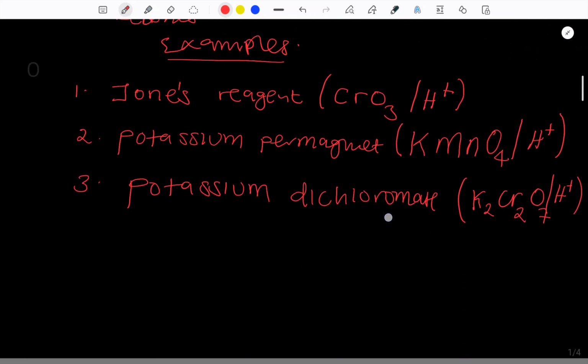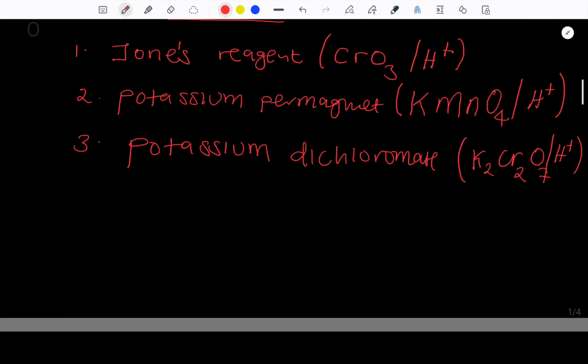So let us know how to use these common oxidizing agents. For example, you can be given a primary alcohol like this one, and then how can you convert this primary alcohol to carboxylic acid?